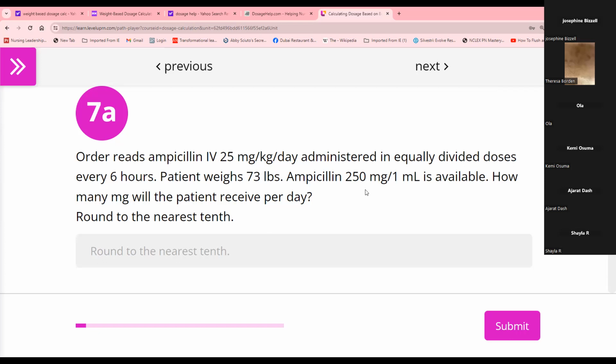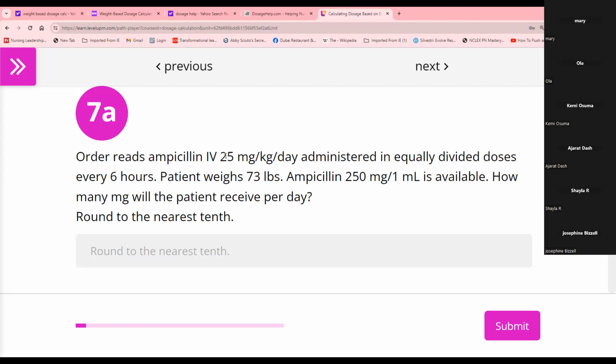All right, so again, this is no different than what you just did. What you have here is an order for 25 milligrams per kilogram per day, okay? And your patient weighs 73 pounds. So for this question, all we're going to take is the patient's weight, which is 73 pounds, and how many milligrams they're ordered.